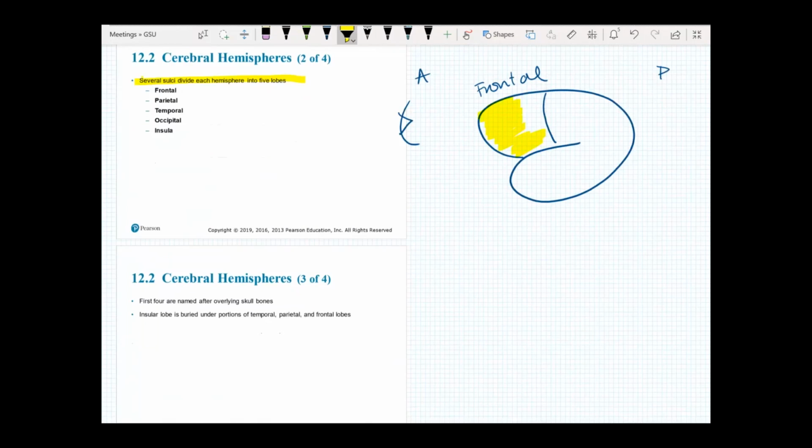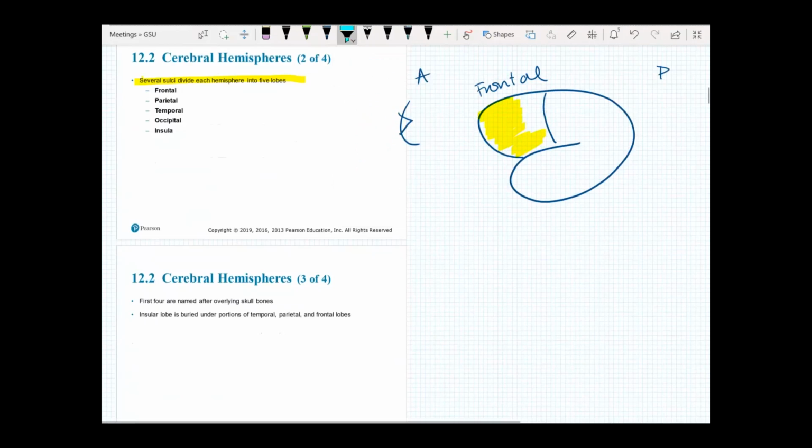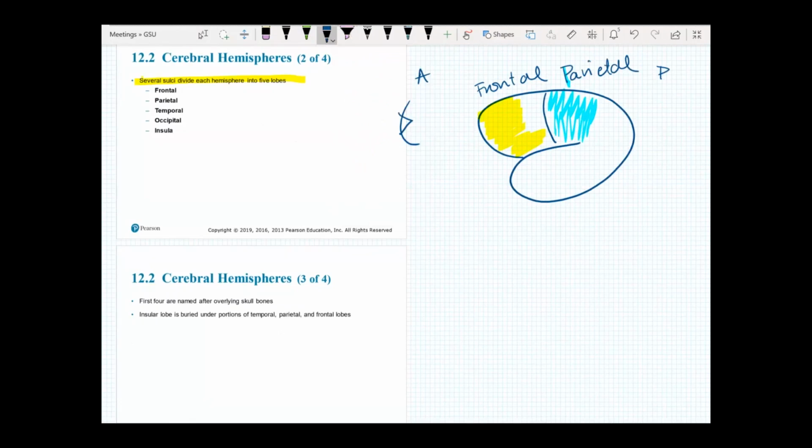And then you're going to have your parietal lobe, which will be this section, your parietal lobe. Then your parietal lobe will be separated by a little sulci right here, and that would separate this next lobe, which is going to be your occipital lobe.